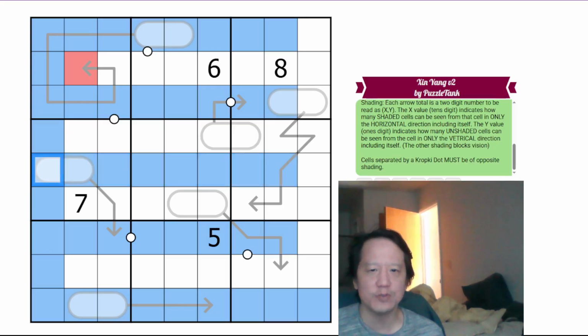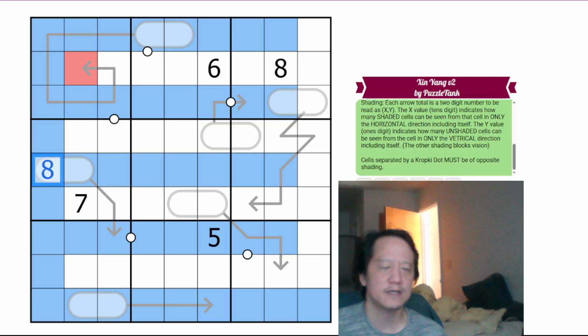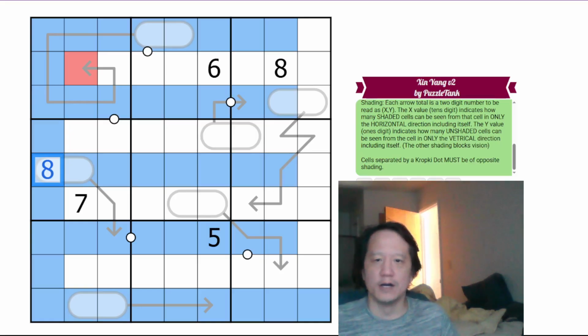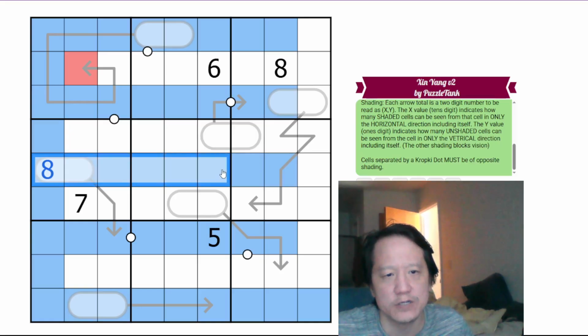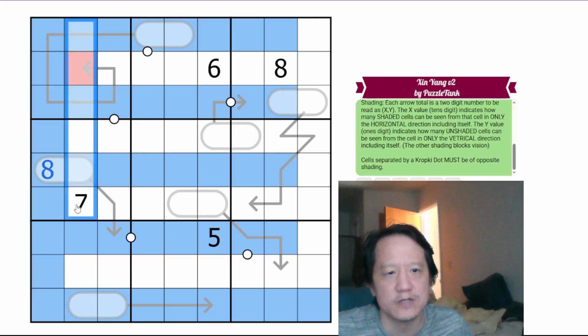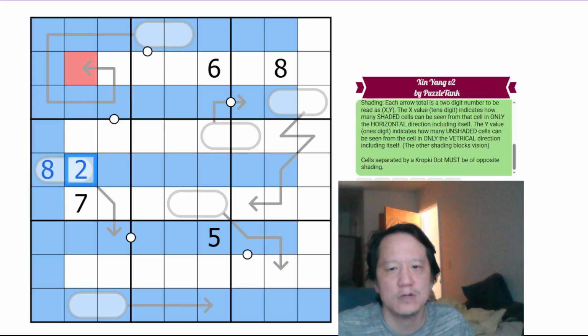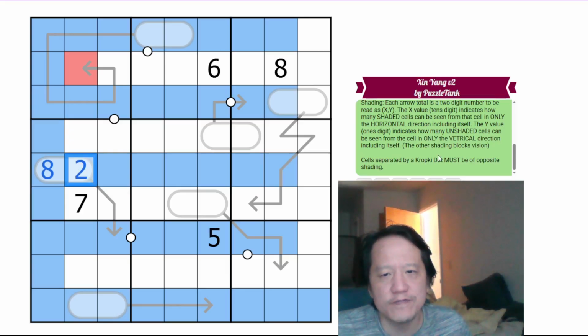So this would have to be 8 that it sees in the horizontal direction. This sees how many unshaded cells can be seen in the vertical direction. So I think this would be 2 in that case. And so this is an example of how this would work.